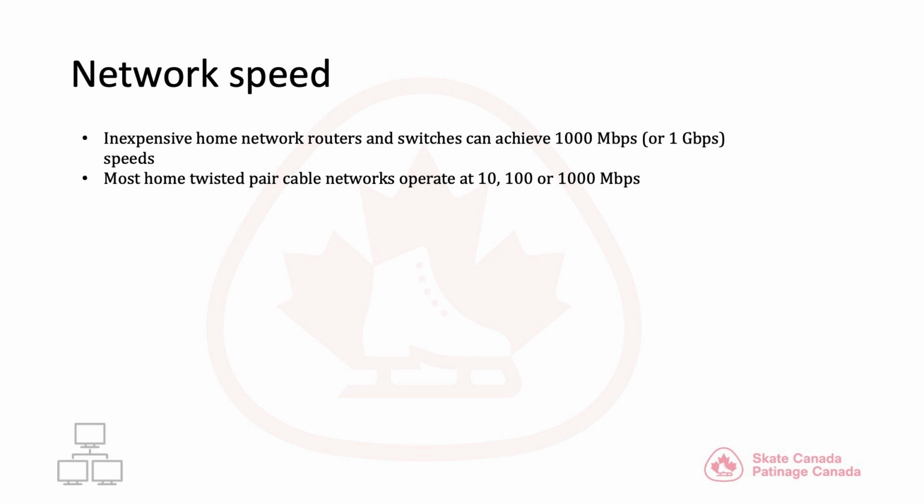I mentioned earlier that inexpensive switches and routers are available that can function at gigabit speeds. The speed of a network can be described by the amount of data that can be transferred per unit of time.